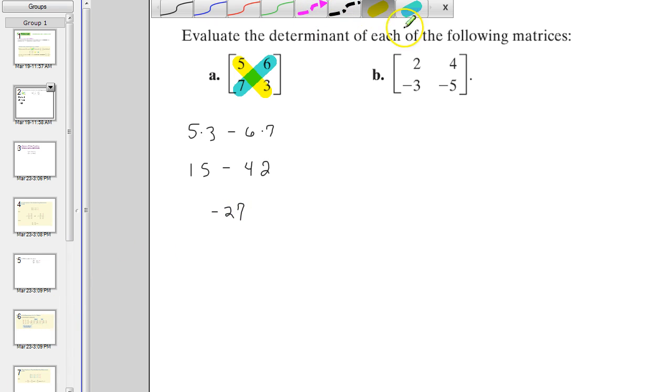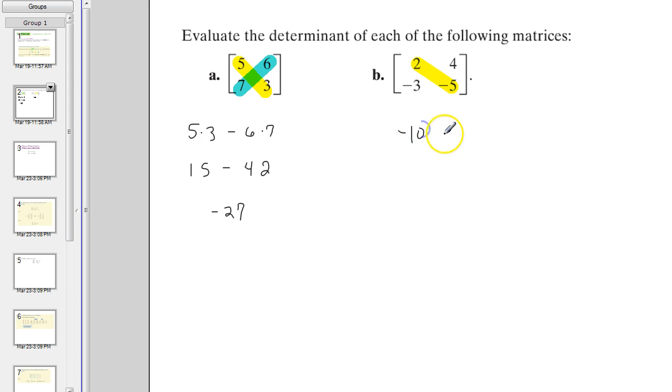Alright, then B, let's do 2 times negative 5. So 2 times negative 5 is negative 10, minus, and then I come back the other way. 4 times negative 3 is negative 12. Okay, you always subtract these, so when you have minus a minus, you end up changing that to plus. So negative 10 plus 12 is 2. So there's the determinant of these two matrices.